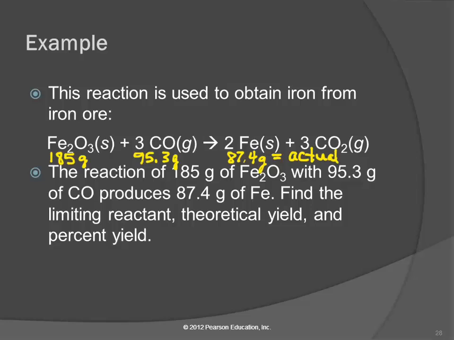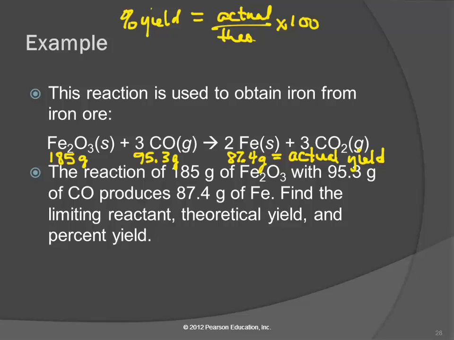How do we find the theoretical yield? We do those two long equations, right? So don't be fooled by that. That's the actual yield. Keep doing that. Okay, let's remember that percent yield is the actual yield divided by the theoretical yield times 100%.